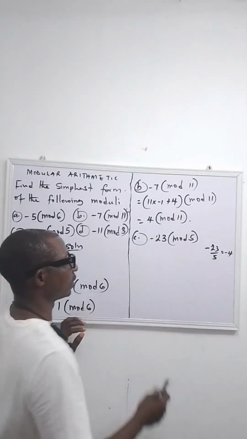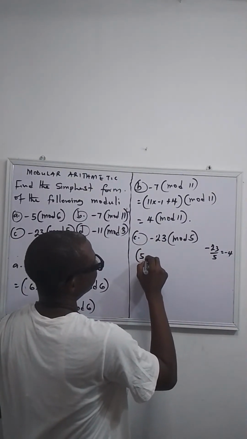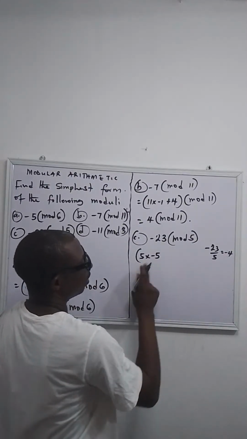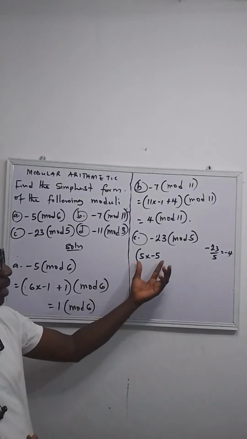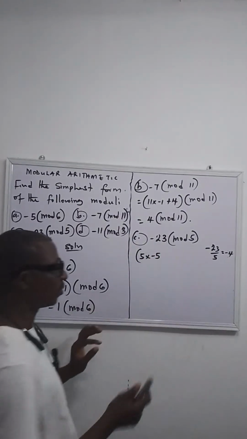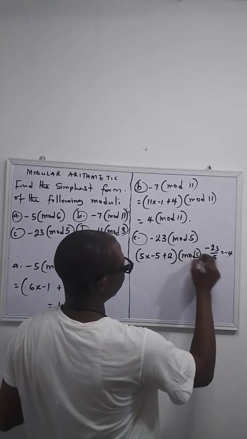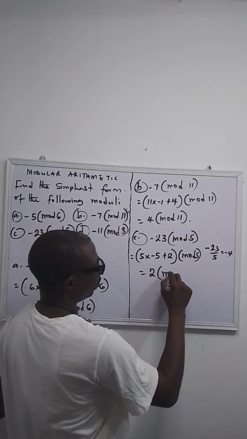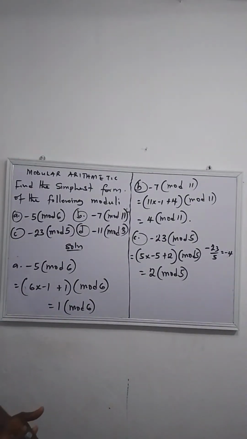So we now have 5 times -5. When you multiply this together, you have -25. So you ask yourself, what are you going to add to -25 to give you -23? That's 2. So you have +2 mod 5, and your result is 2 mod 5. Okay, so can we look at the last one?